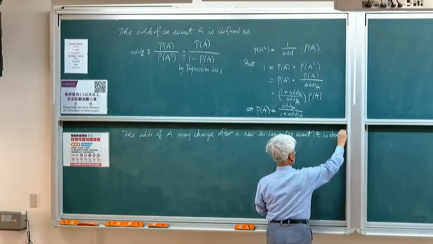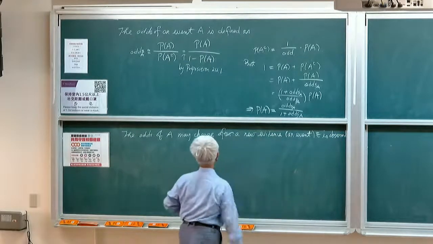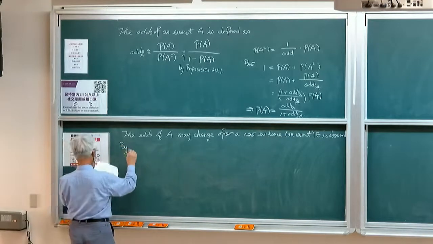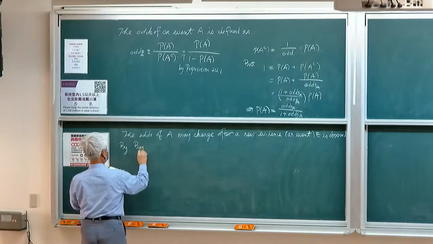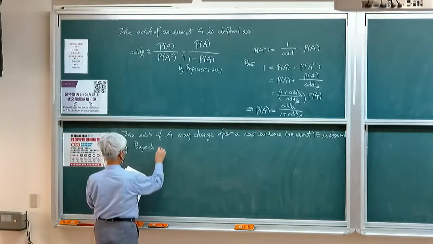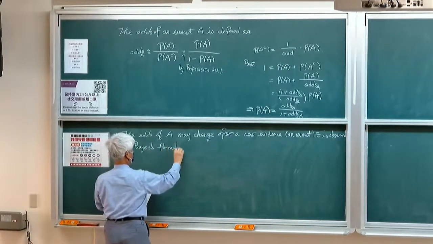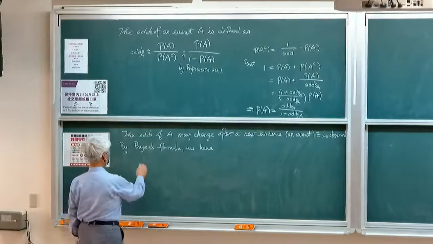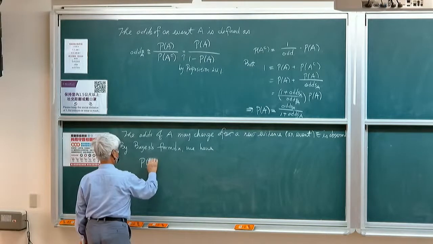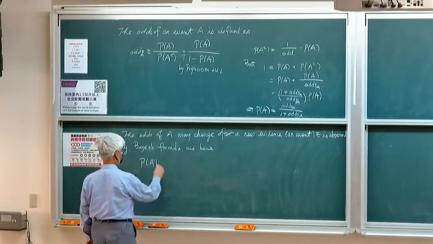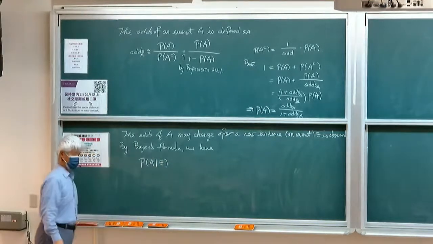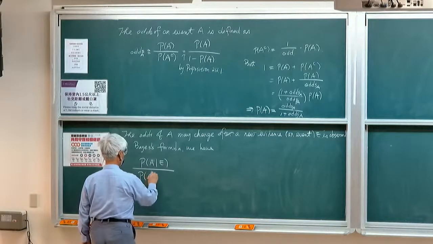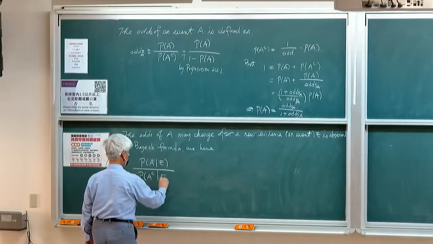So by Bayes' formula, the change is that the conditional probability of the event A given a new evidence, divided by the conditional probability of the complement of A given the new evidence.